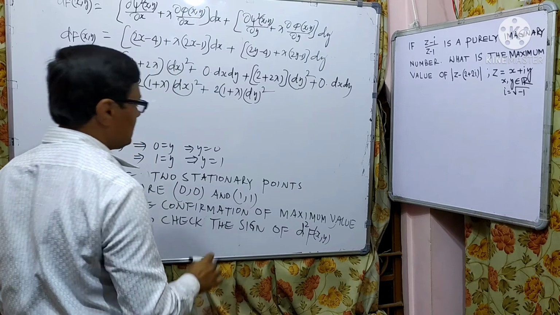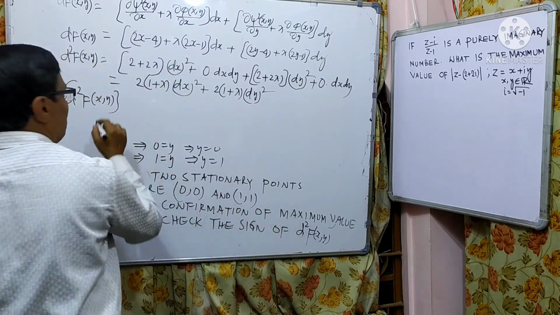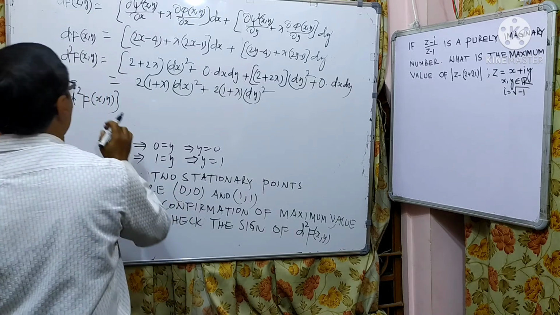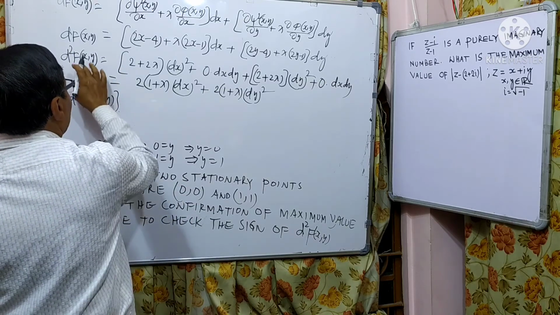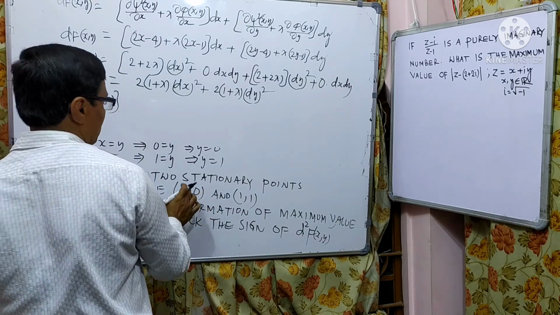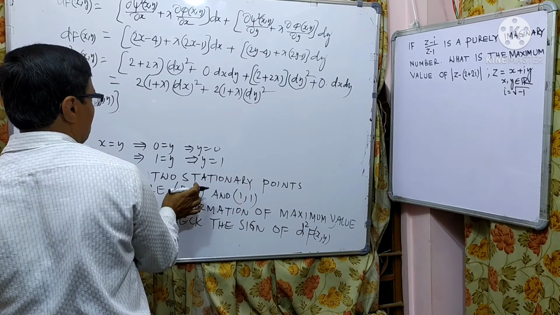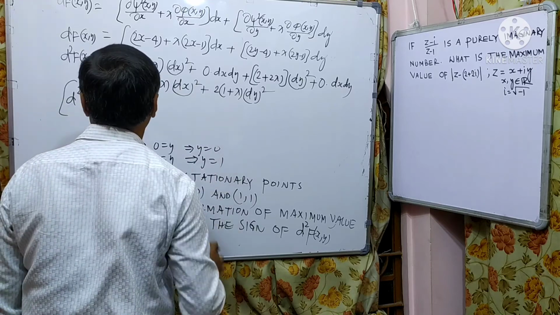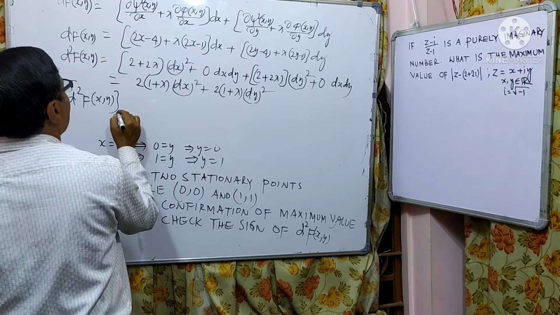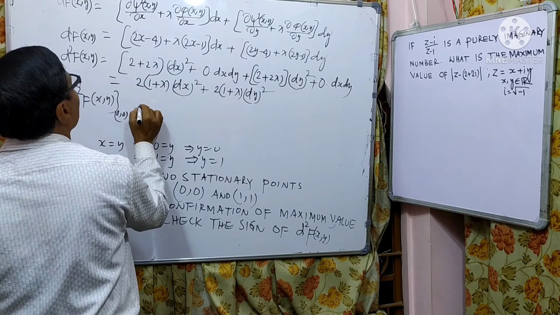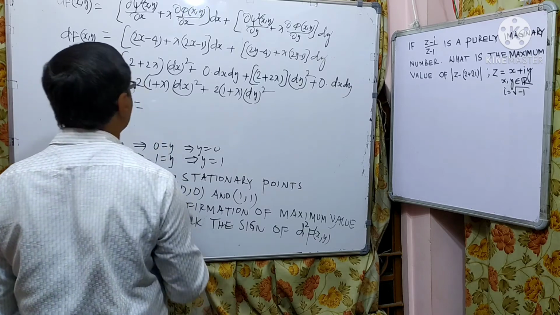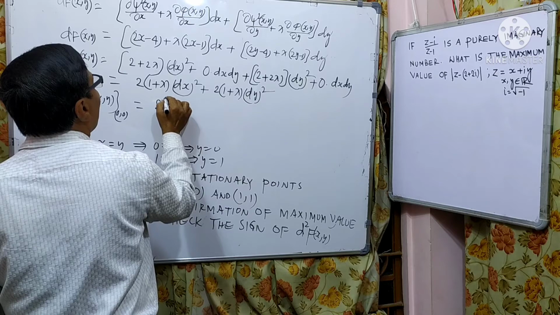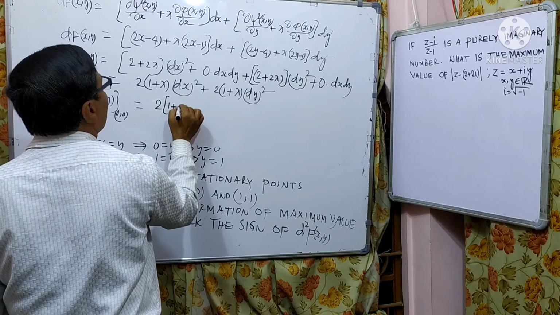Now if we put x y as 0 0, that is x equal to 0, y equal to 0 in this relation, we get 2 into 1 plus lambda.